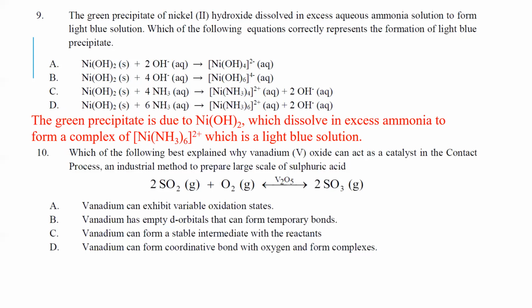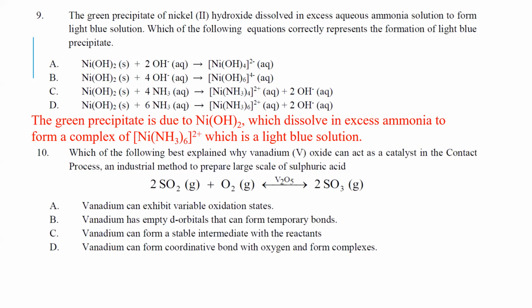Then 6 is for the earlier ones, such as scandium, titanium, vanadium, chromium, manganese. They usually have a coordination number equal to 6. Similar to nickel, nickel is also considered as the early part of the d block elements. So that is why they also form coordination number equal to 6. So that is why at the end of the result, you form a light blue solution, which is [Ni(NH3)6]2+.